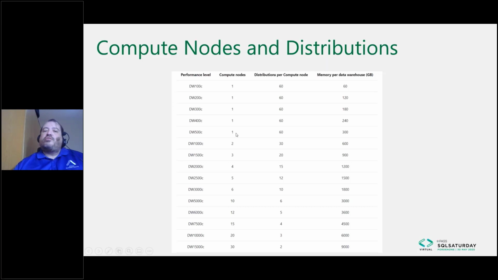But in order to really feel the benefits of a SQL pool in production, you need to choose a higher performance level, starting from 1000 until 15,000. A higher performance level will bring you many compute nodes.